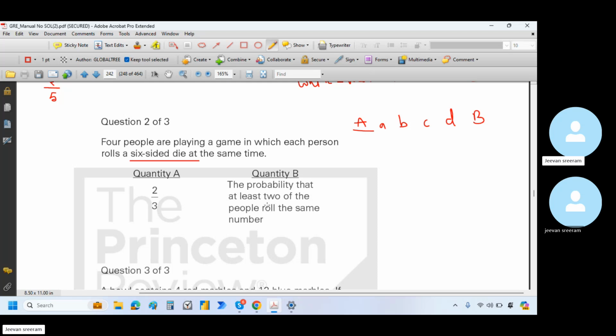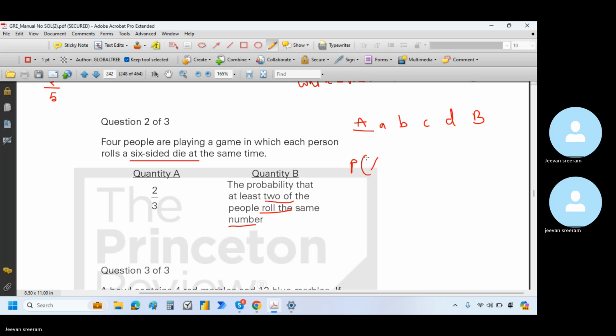The probability that at least two of the people roll the same number. Okay, at least two of the people should roll the same number means two people the same number, three people the same number, and four people roll the same number, which is again nothing else, 1 minus all different. Right?